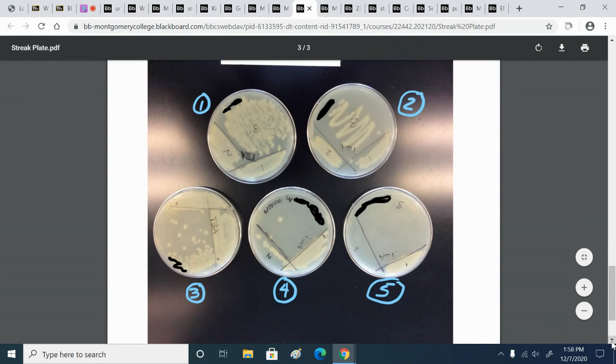The other plates have various problems, like plate number 1 looks like they used just three loopfuls of bacteria. Same maybe with plate 2. Plate 4, they just didn't grab enough cells as they were streaking, and same thing with plate 5. They just never got into the very first streak, so they missed the opportunity to grab bacteria and spread them out.